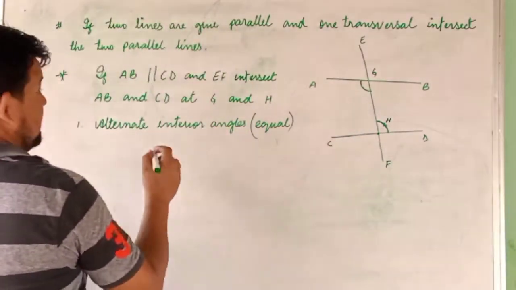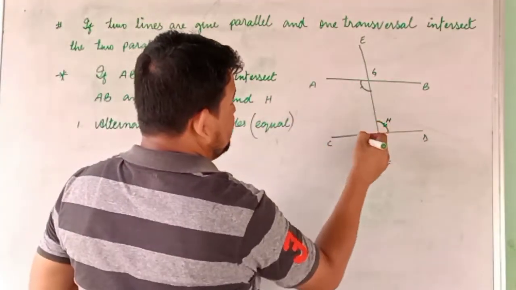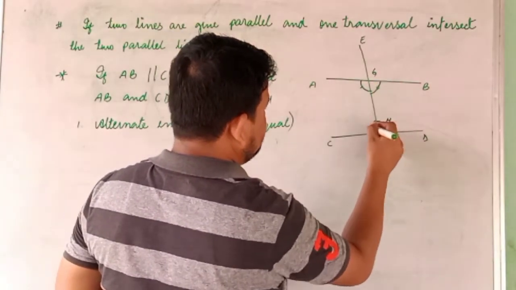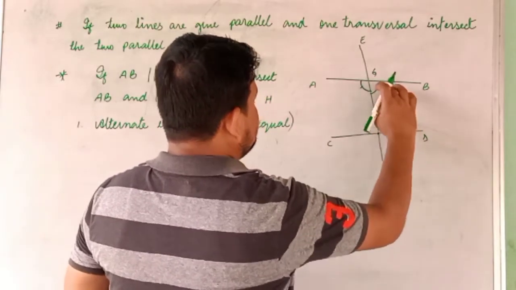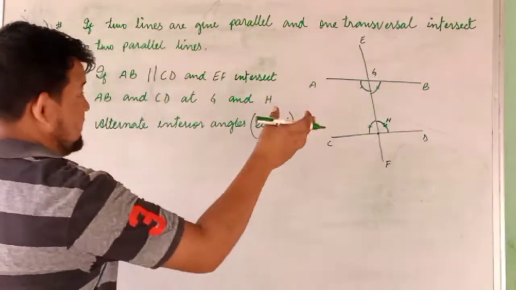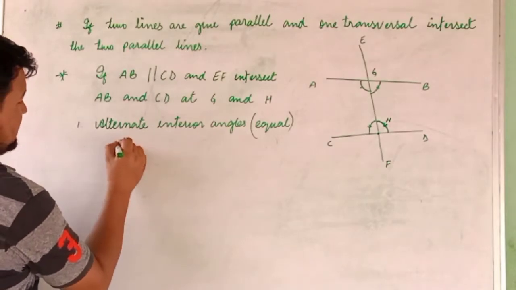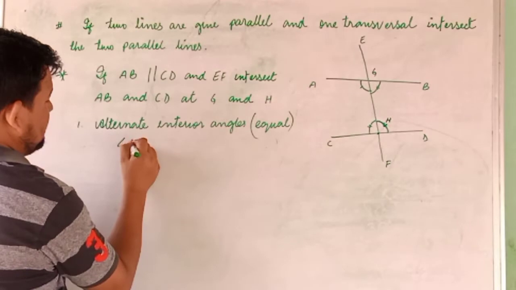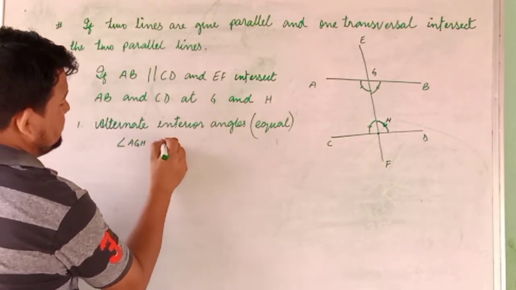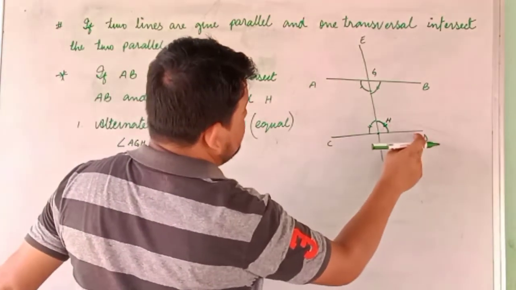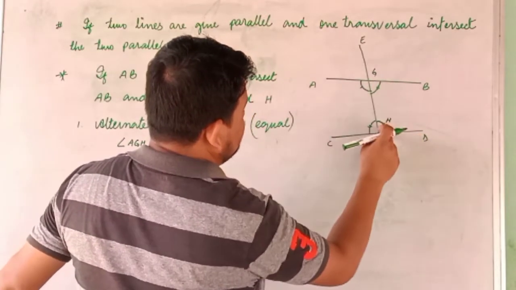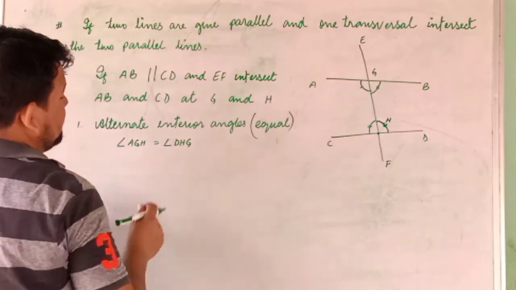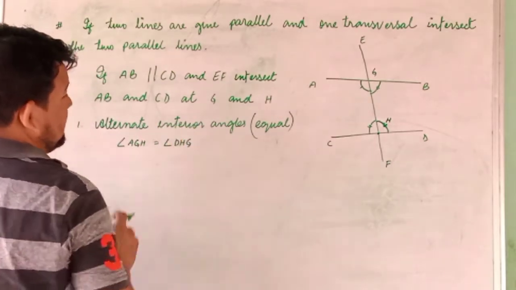That means this angle and this angle are alternate. Also we know this angle and this angle are also alternate, so both are inside, and these are alternate interior angles. So angle AGH is equal to angle DHG, because these two are alternate interior angles.